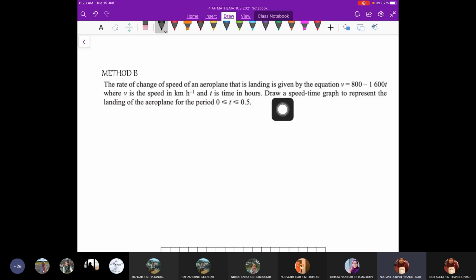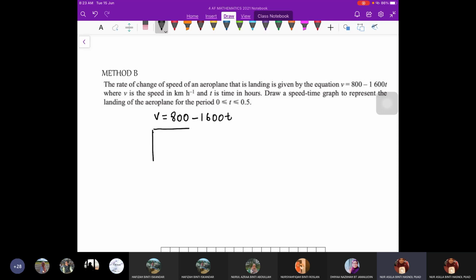Okay, so you have the equation, you have your time period. So first things first, when you have an equation, I always coach you guys. When you get an equation and want to draw a graph, you must create a table. You yourself have to create the table.